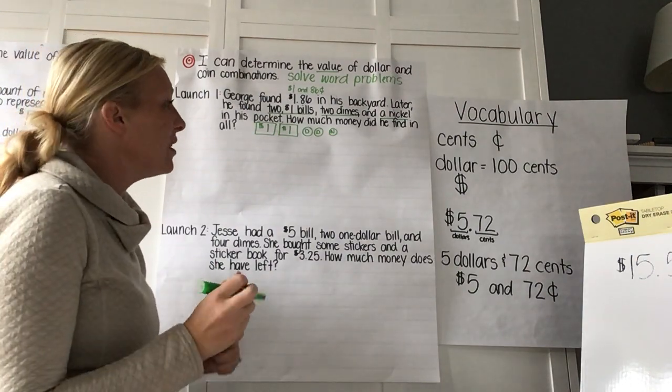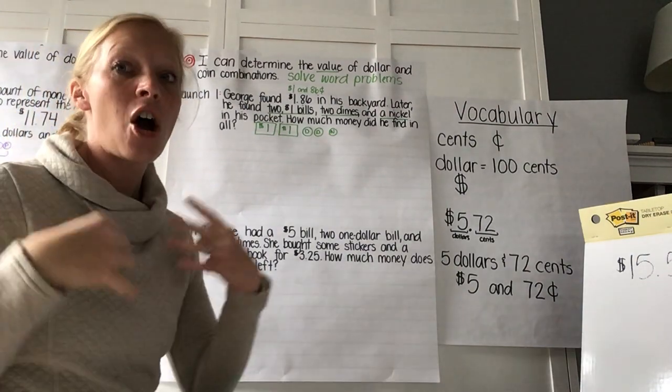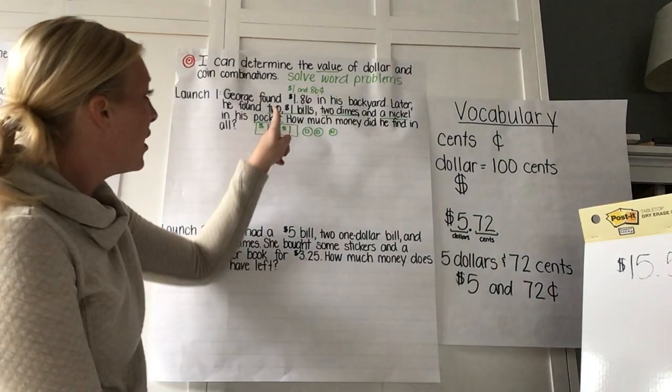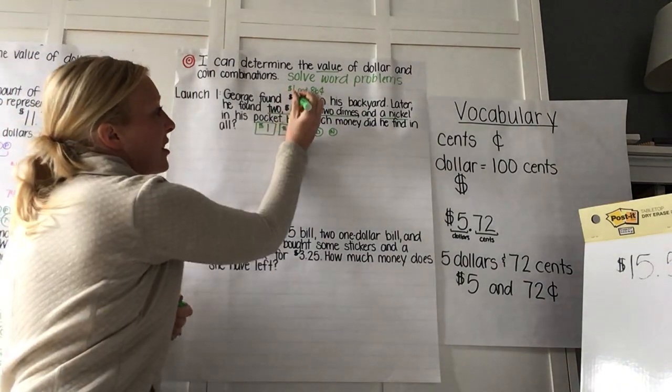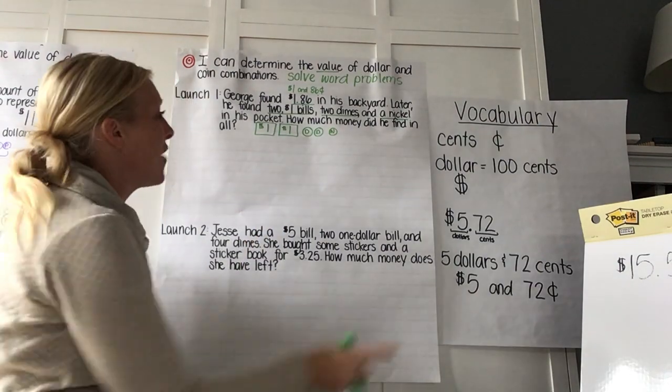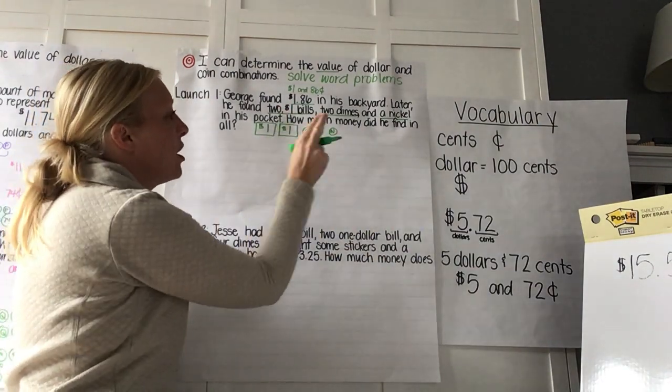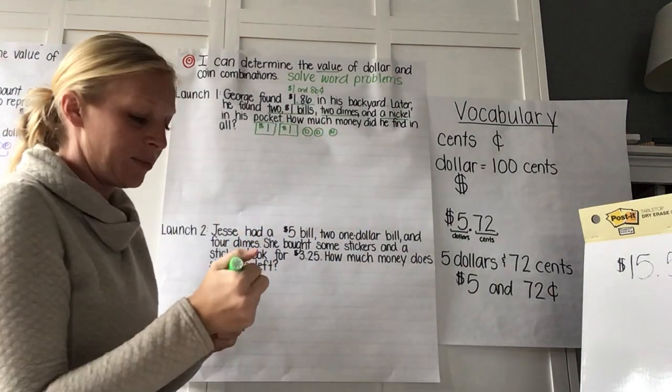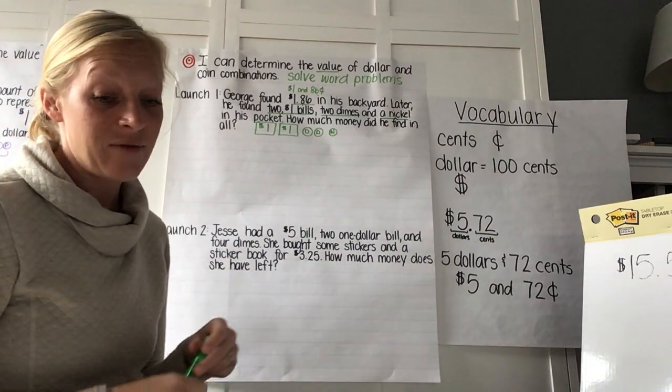How much money did he find in all? Remember, he found $1.86 in his backyard, and then he found 2 $1 bills, 2 dimes, and a nickel in his pocket. How much money did he find?